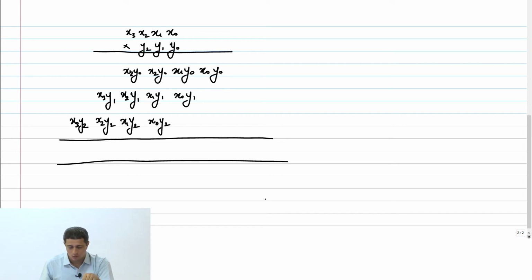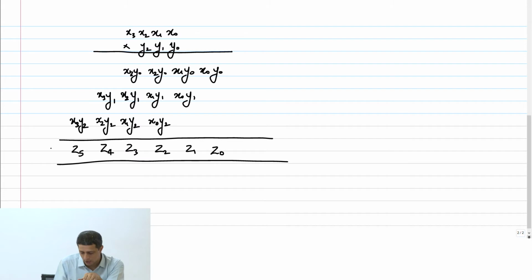Okay, so what you notice here is this is going to be my z0, z1, z2, z3, z4, z5, and in doing the addition of x3 y2 and the other terms you could get a carry, and you will get z6. Clear?